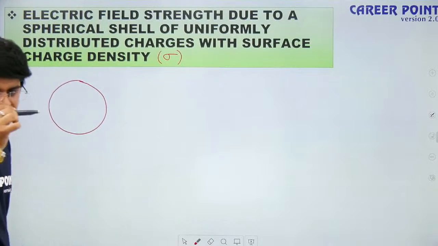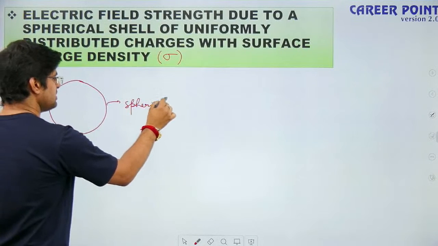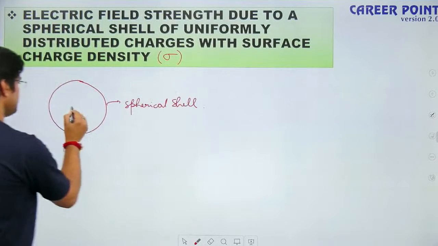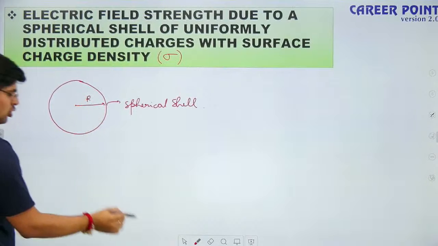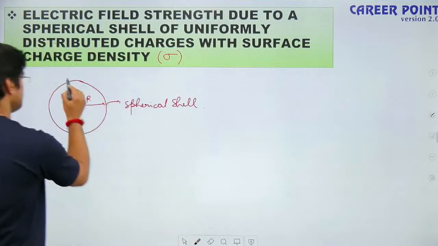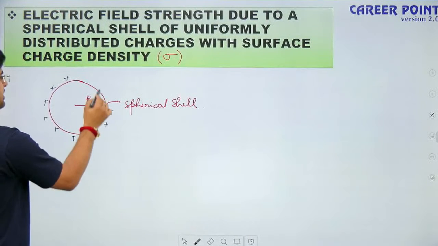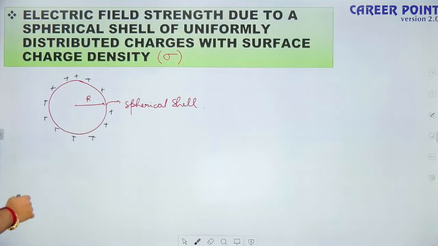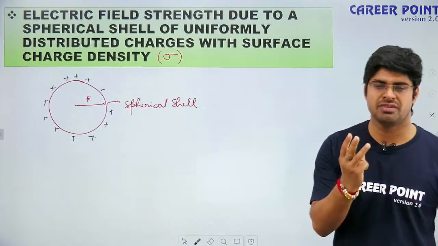For this spherical shell, let's say the radius is capital R and the whole charge of this spherical shell is distributed at the surface. Now I have to find the electric field at 3 different positions.